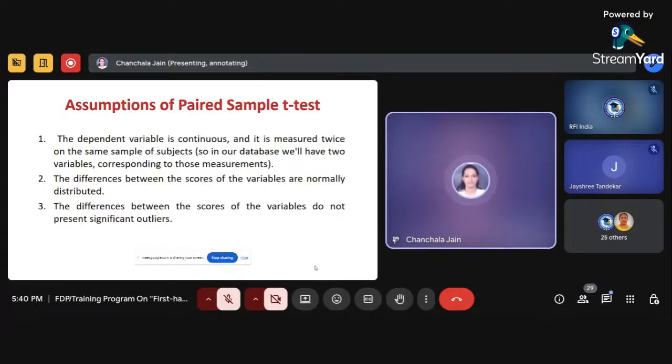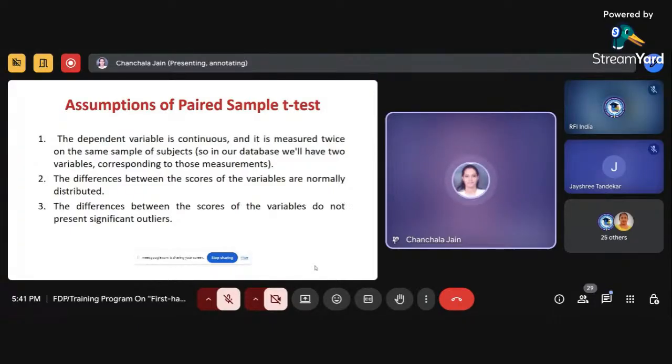So the second assumption of paired samples t-test says the differences between the scores of variables are normally distributed. In case of paired sample t-test, rather than checking the normality of the variable, we are checking the normality of the differences of the scores, right?